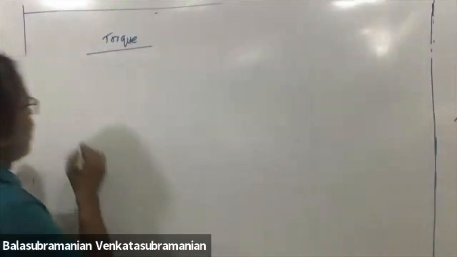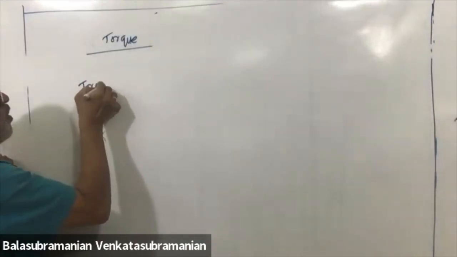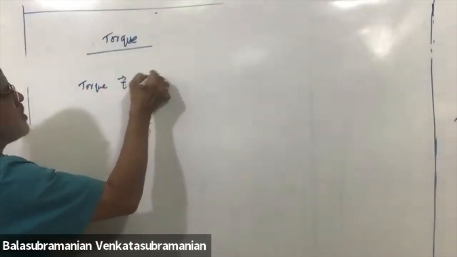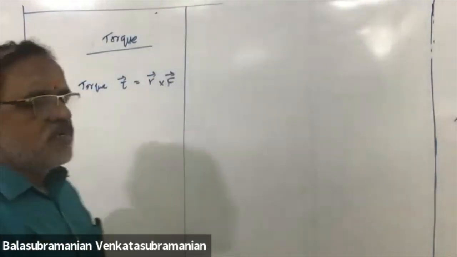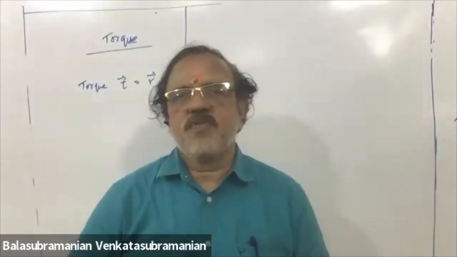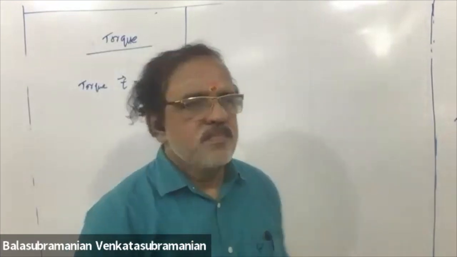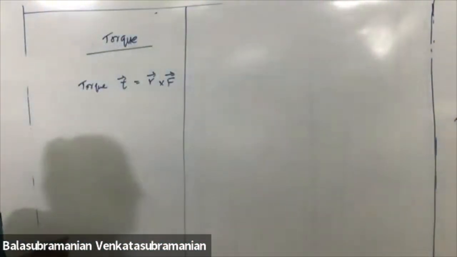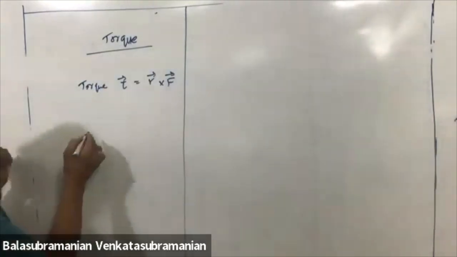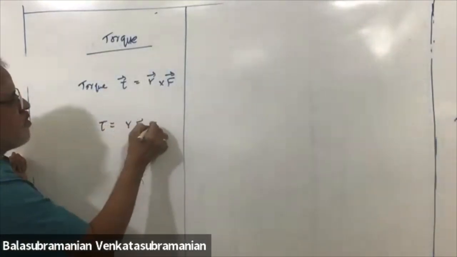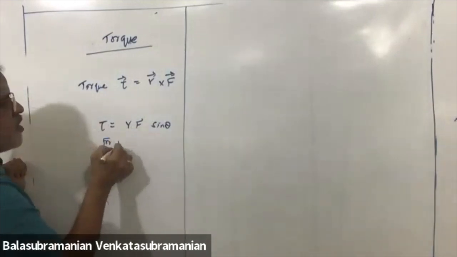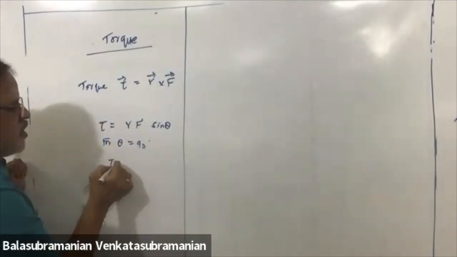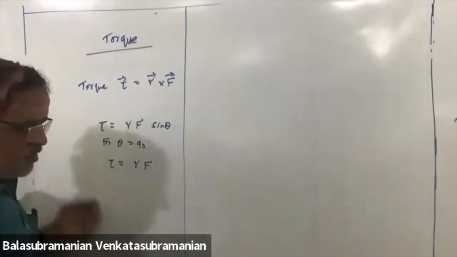So torque tau, the actual formula, is a vector product of two vectors r and F. So r cross F, r F sin theta. Maximum value means tau is equal to r F.